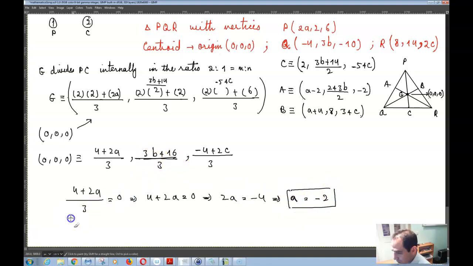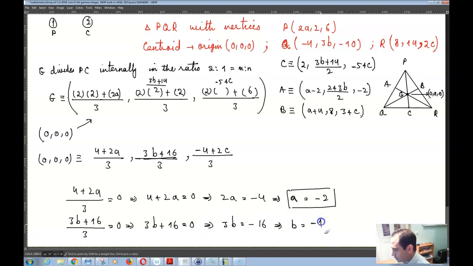Then 3b plus 16 by 3 is equal to 0, meaning that 3b plus 16 is equal to 0, so 3b is equal to negative 16, and b is equal to negative 16 thirds.